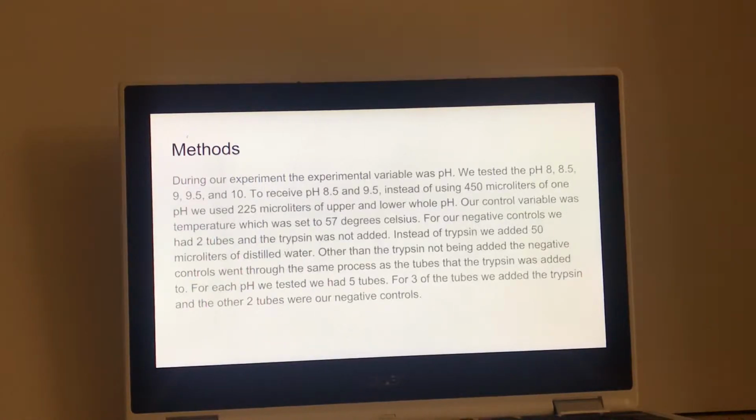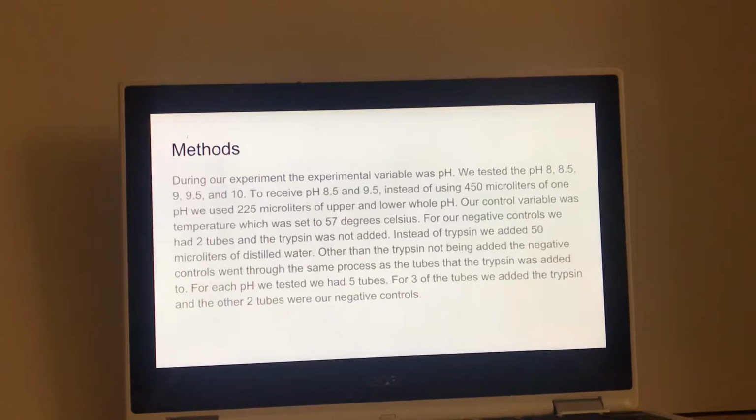Every single tube was then incubated at 57 degrees Celsius for 20 minutes. We used different timers for each group. We put in trypsin after we put in the azocasein, and then incubated the first group for 20 minutes. Once that group was finished, we incubated the second group that we were working on while the first was incubating.